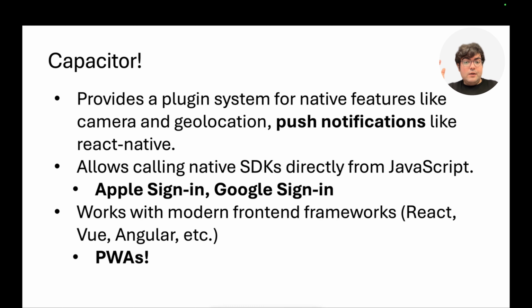Since we now have access to these plugins, we didn't have to implement Google Sign In and Apple Sign In; they were already available with JavaScript SDK bindings, everything ready. And since it uses the system's own browser as the renderer, as a web view, we were able to use the PWAs that we have.